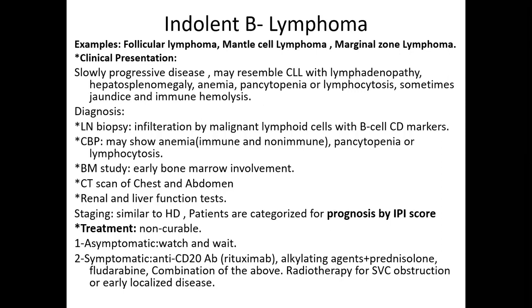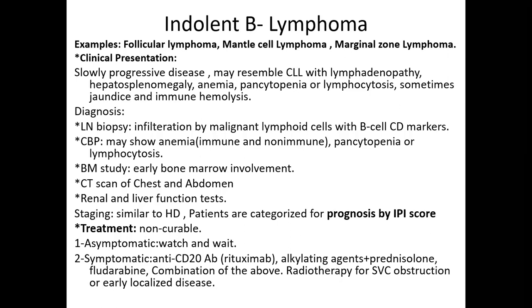If we do a CT scan of the chest and abdomen, we may find widespread lymphadenopathy. It is important to check the renal function and liver function. The staging is similar to Hodgkin disease, but usually we don't depend much on the Ann Arbor stage. We use what is called the IPI score, the International Prognostic Index score.